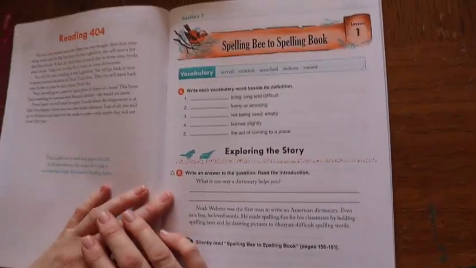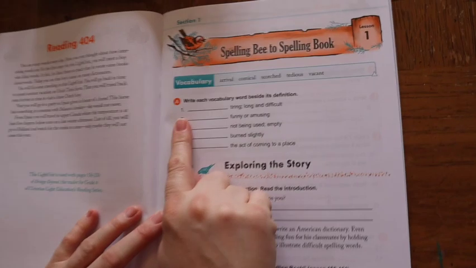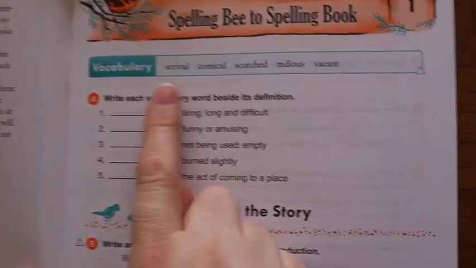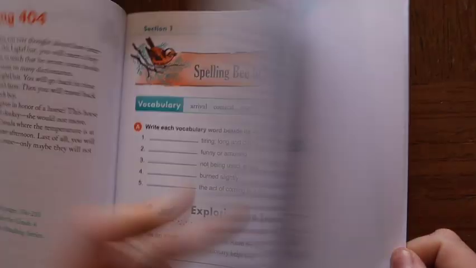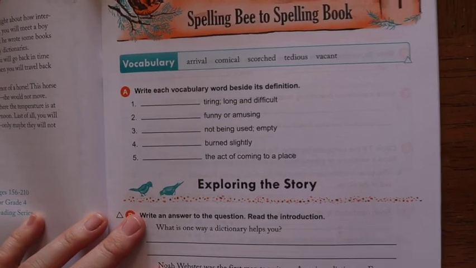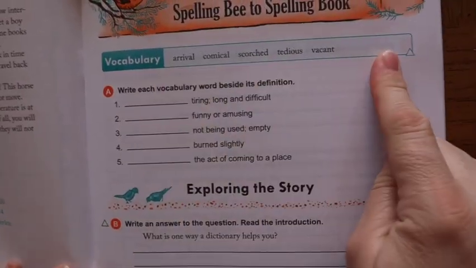So here's an example of one lesson. The parent and the teacher go over these words here. These are the vocabulary. They look them up in the back of the book. They have a glossary, and they do have dictionary skills, so they can look up words if they do not know them.